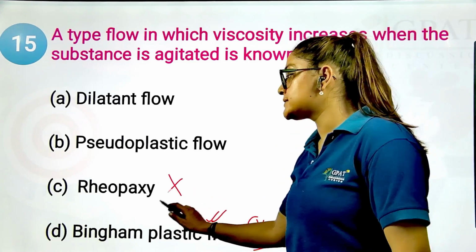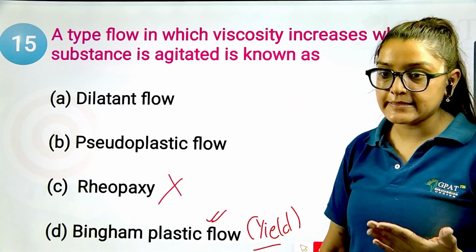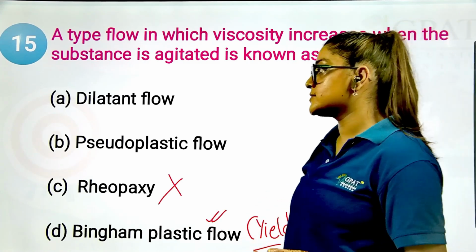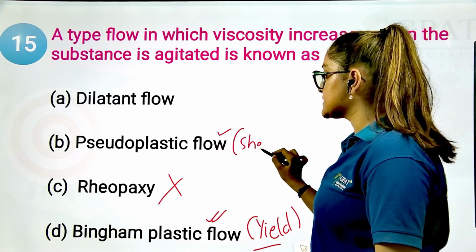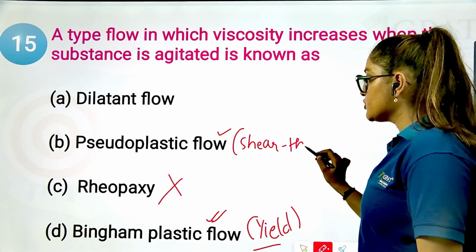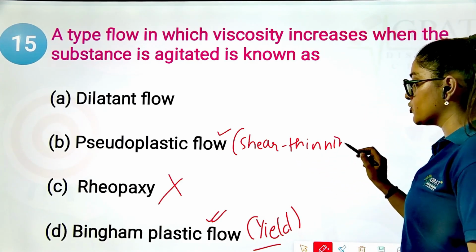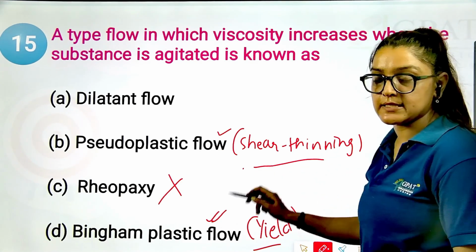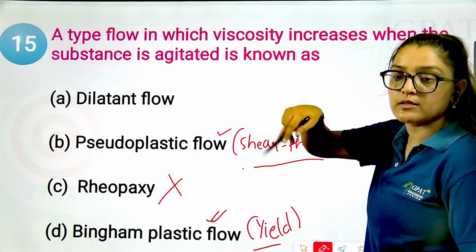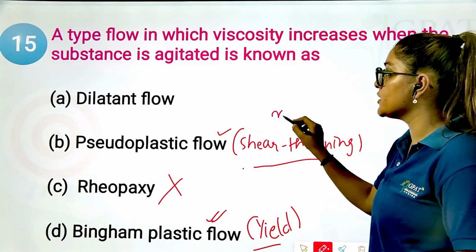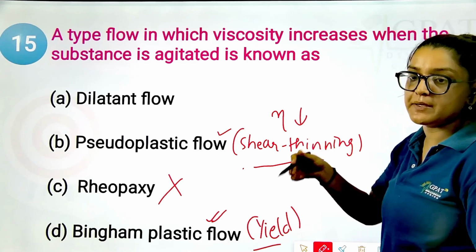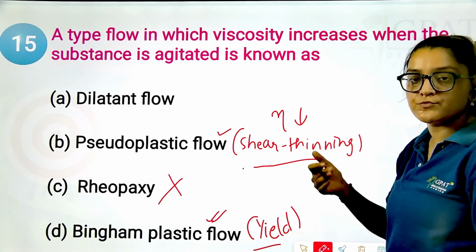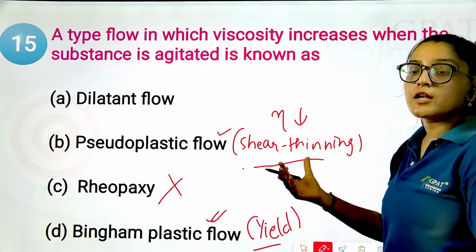For rheopexy, I have told you this is a time dependent system. Next, we have the pseudoplastic system. These are known as shear thinning systems. It is an important topic to note that in the case of shear thinning systems, the faster you stir, the more they reduce in viscosity. Examples are gums, mucilages, and tragacanth.